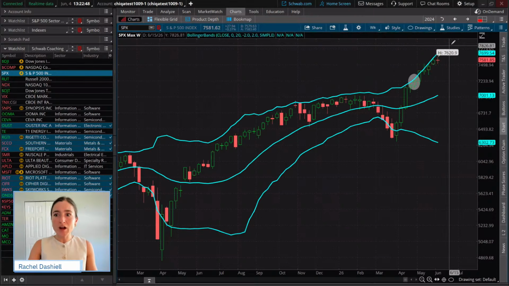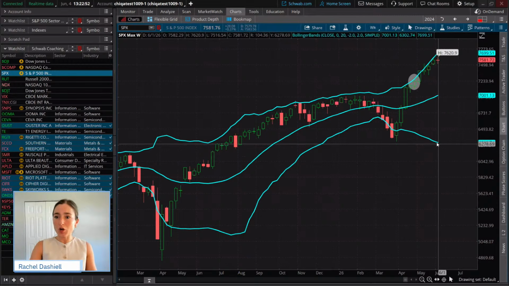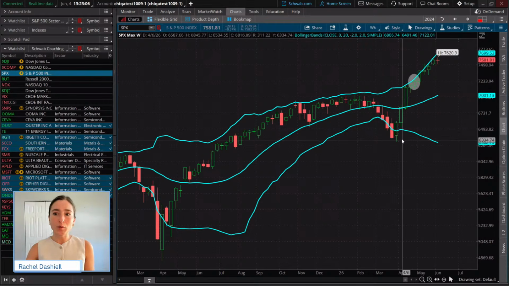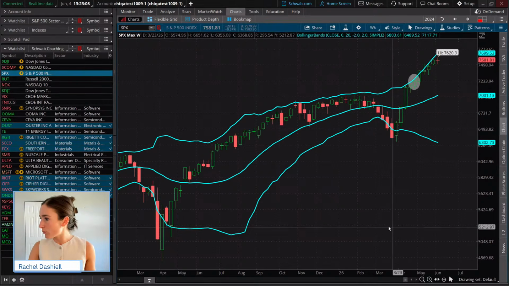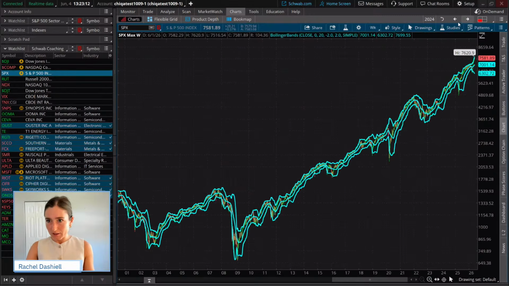And so you would be riding that up on a weekly basis until you saw a close beyond the lower bands. And of course, those lower bands are moving away from price right now because you have had such a large breakout, such a volatility expansion, because we had such a parabolic move off of those lows. So hopefully that helps there.